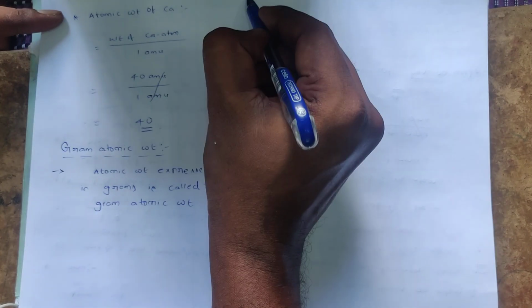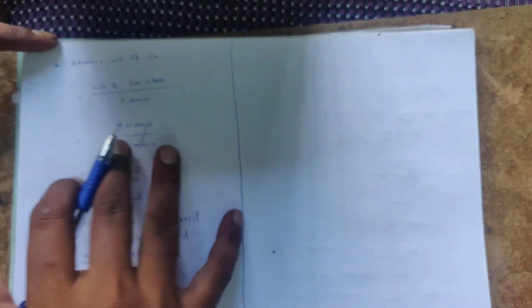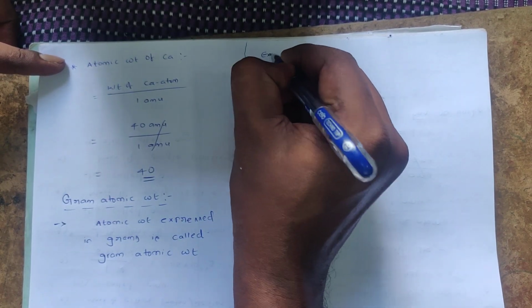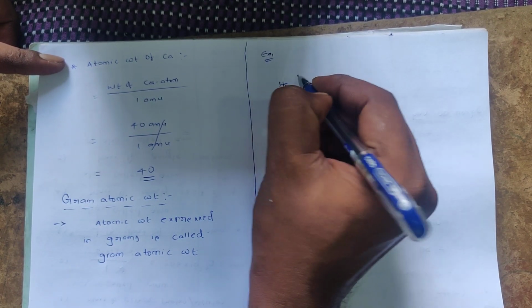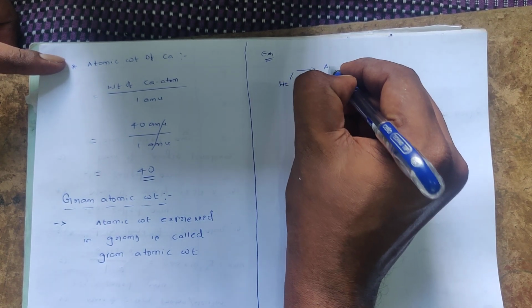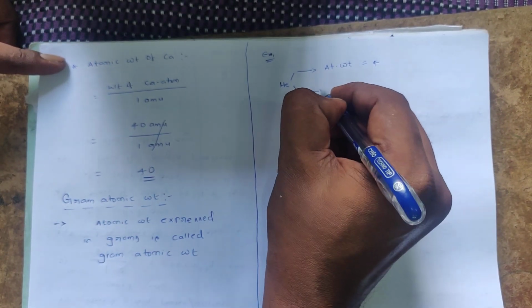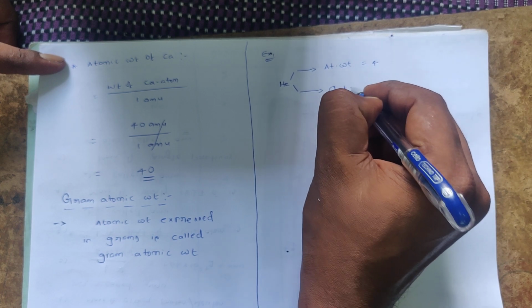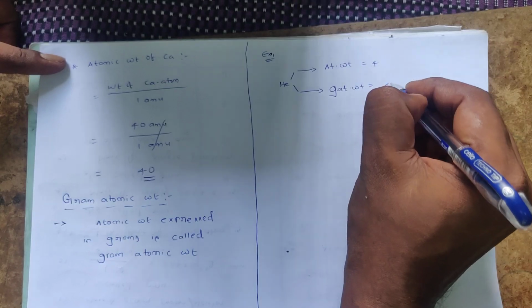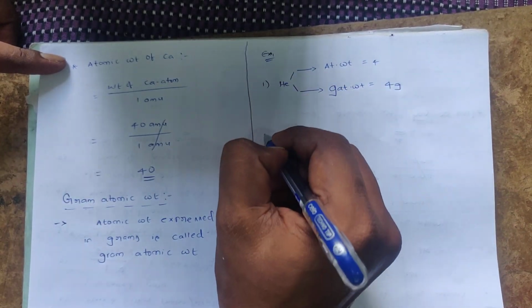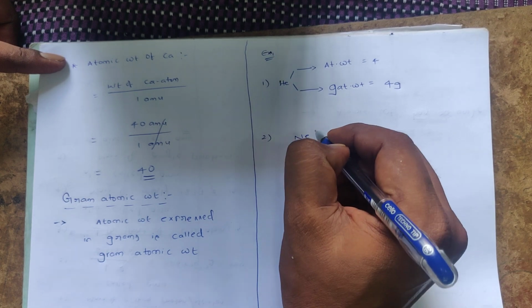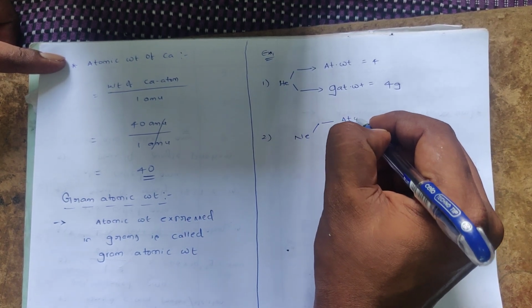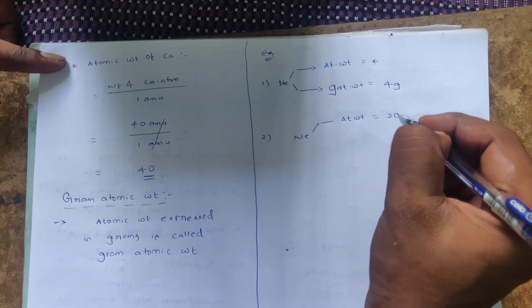Let us consider example 1. Take helium. We used to say that its atomic weight is 4. Then what is gram atomic weight? Atomic weight expressed in grams, that is 4 grams. Take next example, neon. What is atomic weight of neon? 20.